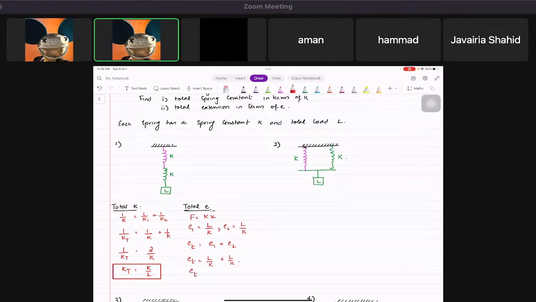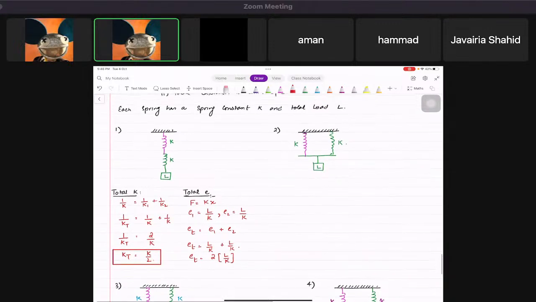This can be written as 2 times L upon K, and if you remember, L upon K is basically just E, like any E could be L upon K, so the total extension will be equal to 2E, just like that, because the extension was E. Is it clear, everybody? Any questions?